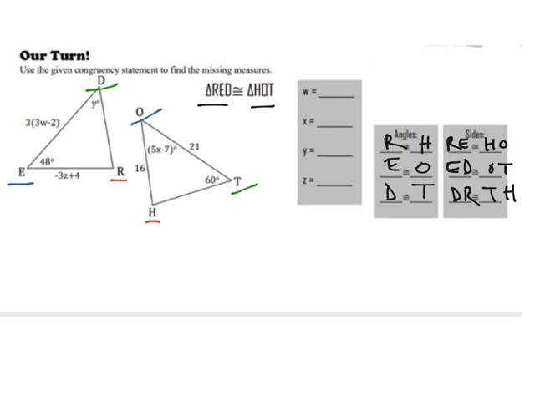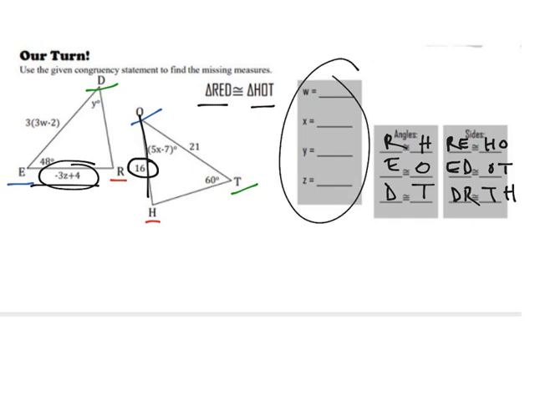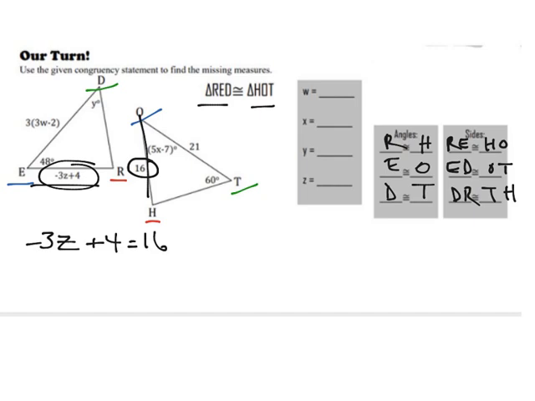So all we have to do here then is identify some things. So look, we have RE and HO, right? So that's from here to here, and HO goes from here to here, which means that negative 3z plus 4 is equal to 16. So let's go ahead and set that up. We don't have to do it in the order they tell us here. Now, let's take another one.